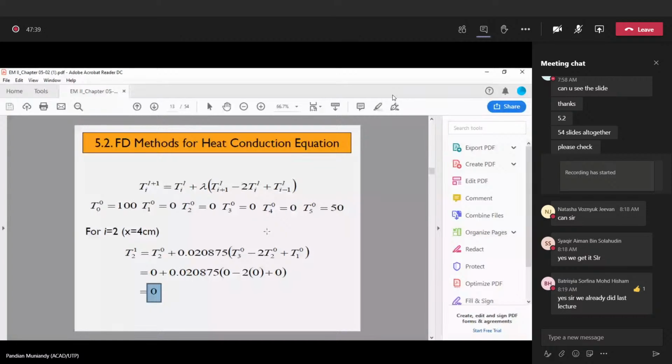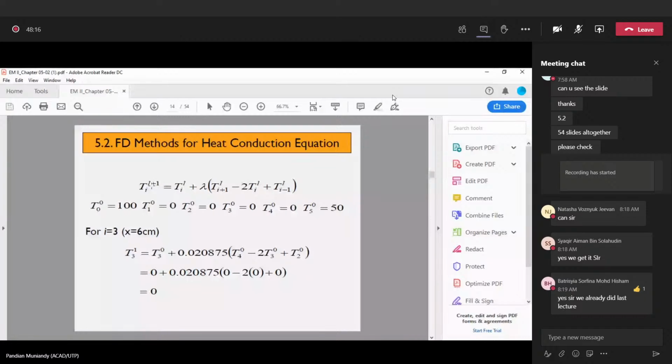Now, you apply the same formula for I3. At I3, x changes, x is 6 cm now. So we are moving from 0 to 10 with the step size delta x of 2. We already computed for 2, 4, now 6, next one is 8. That is the last one. At I3, the subscript is very important because L is fixed, L is 0. So L, no change.